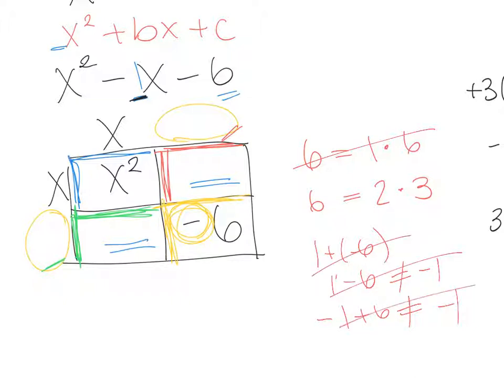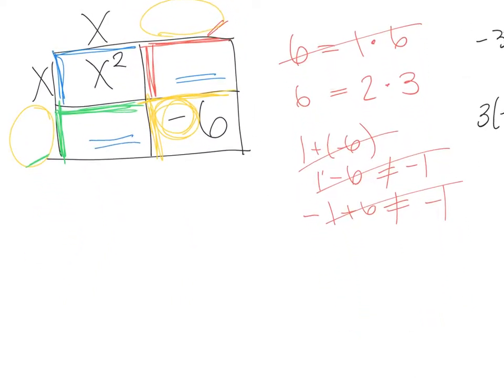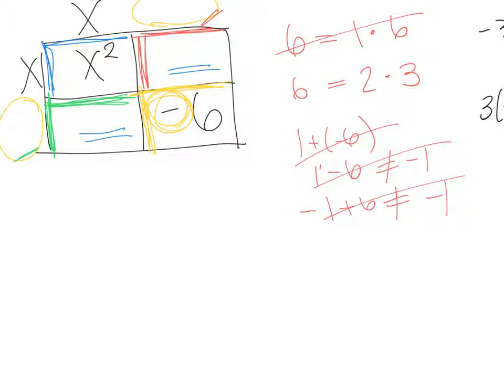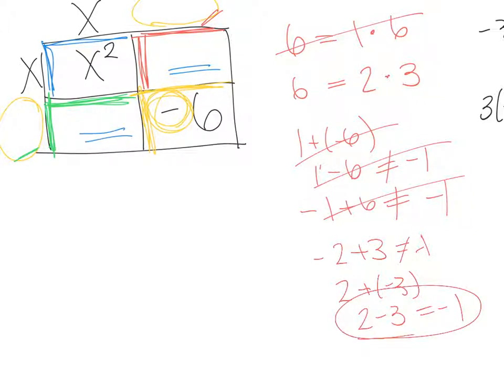But if I have a negative 2 plus 3, this gives me positive 1. Not quite, but at least I'm getting 1. Still not negative 1. If I have a positive 2 plus a negative 3, or 2 minus 3, I'm going to get my negative 1. So here it is. These factors are positive 2 and negative 3.